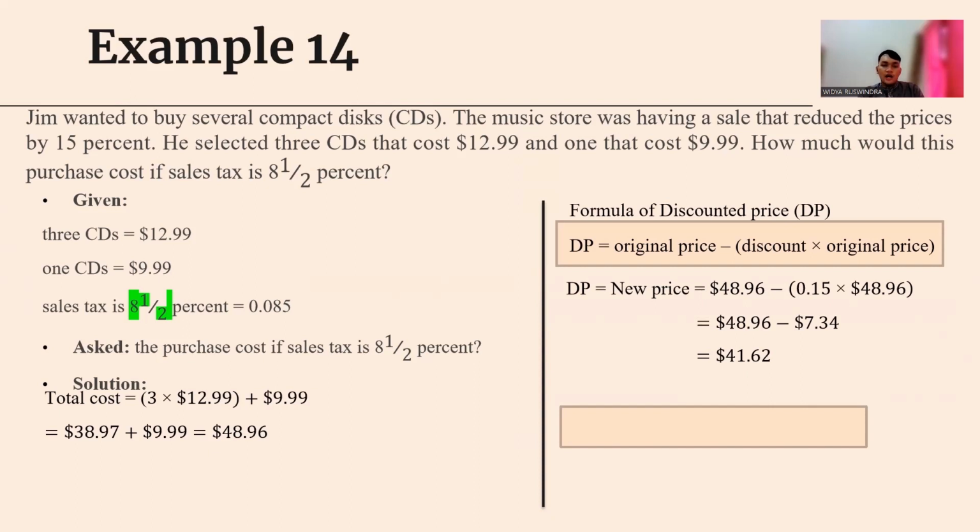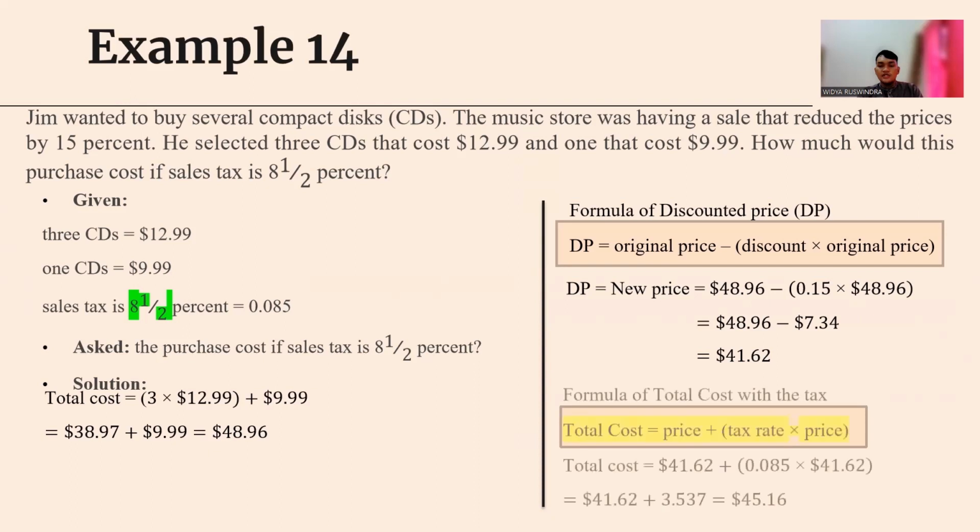I will explain that 15% is equal to 0.15. So parenthesis 0.15 multiplied by $48.96 equals $48.96 minus $7.34 equals $41.62.